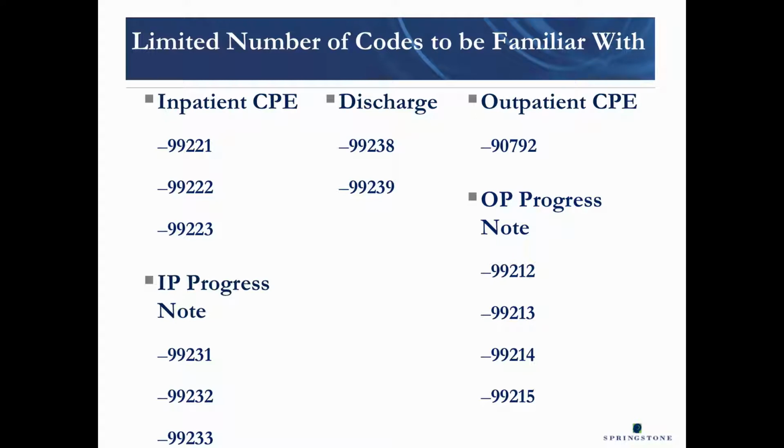Then for outpatient progress notes, there are 5 levels from 99211 through 215. You see that there are only 4 listed here, and that's because the 99211 is actually a code that does not require the presence of a psychiatrist, nurse practitioner, or PA. The presence of a nurse can qualify for billing a 99211 level.